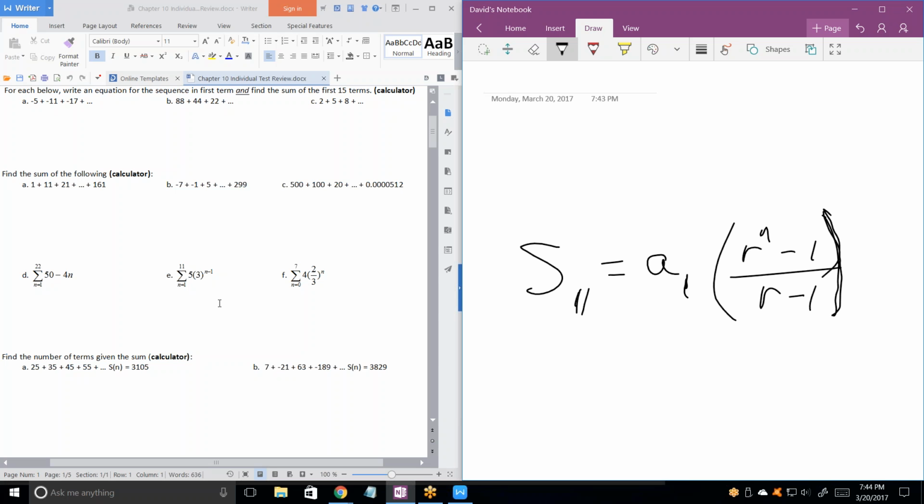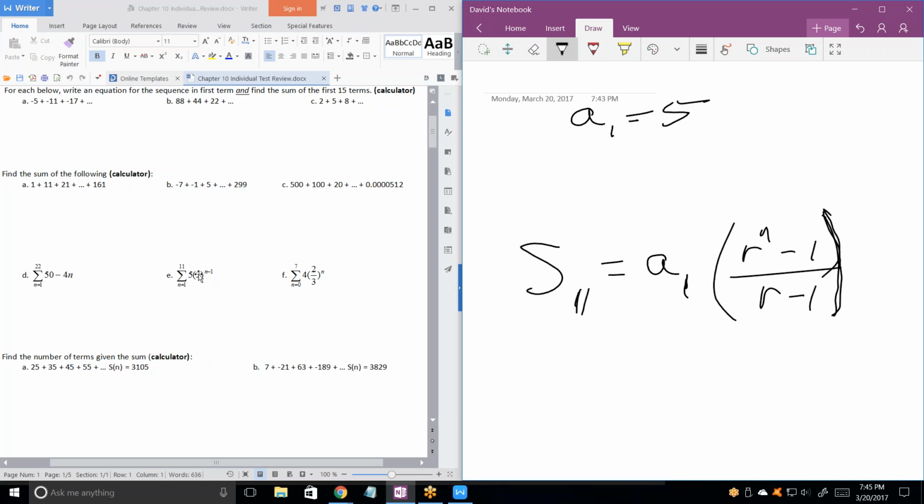However, I still need the first term. What's the first term? How do I get the first term? Plug in 1 into that. And if you plug in 1, we got 3 to the 0th. Any number to the 0th is 1. So A sub 1 equals 5. What's the common ratio going to be?